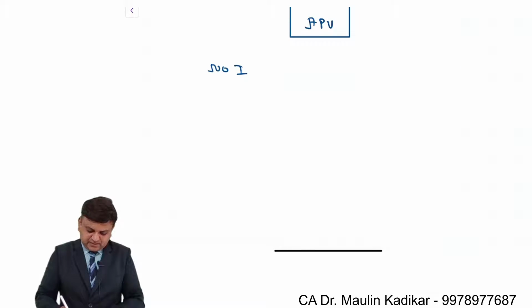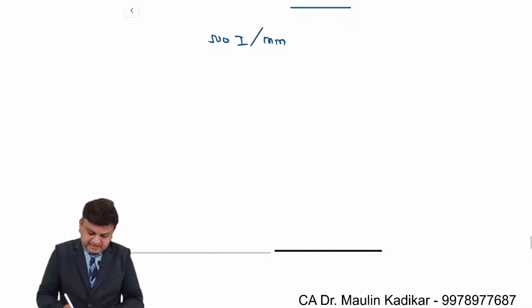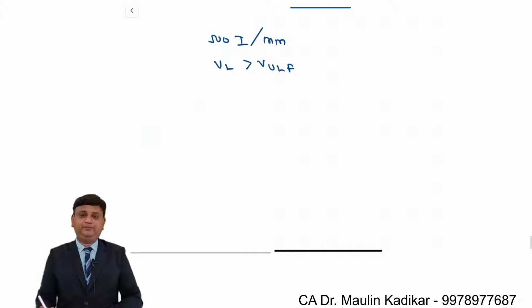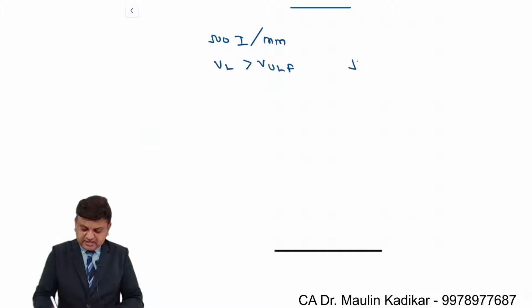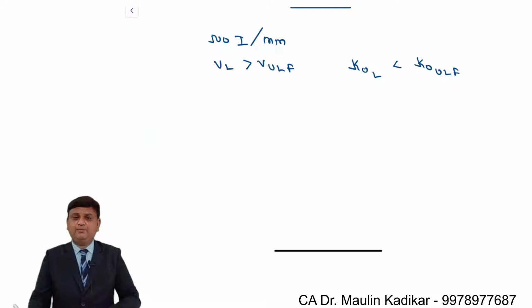In that we have studied that whenever the income tax is introduced, at that time value of the levered firm is greater than value of unlevered firm. In that case, overall cost of capital of levered firm is less than overall cost of capital of unlevered firm. Why? Because of the interest tax saving advantage.